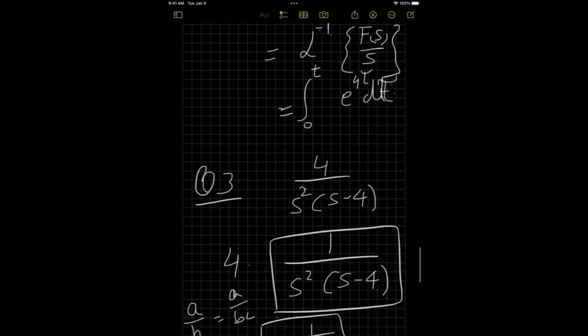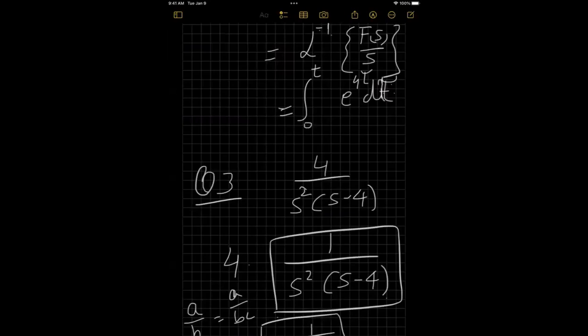So couldn't you have made this 4 over s squared multiplied by 1 over s minus 4, and then you could have done the inverse of that using convolution and then integrated? Would that work as well? Convolution?